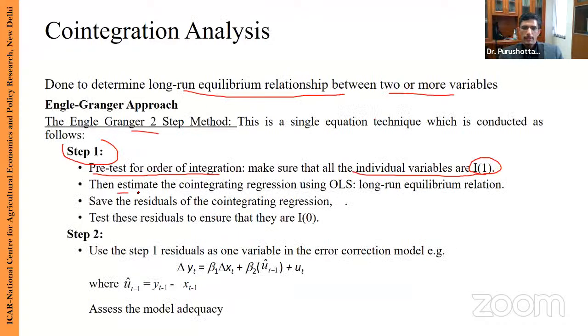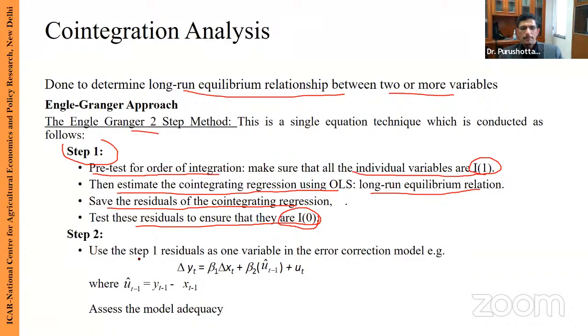Then estimate cointegrating regression using OLS, or we say the long-run equilibrium relationship. Third step is to save the residuals of cointegrating regression, and then test the residuals to ensure that they are I(0). So this is the one step.